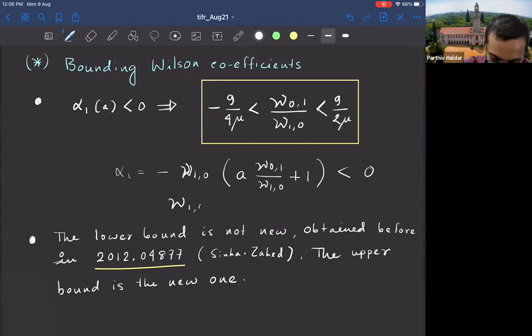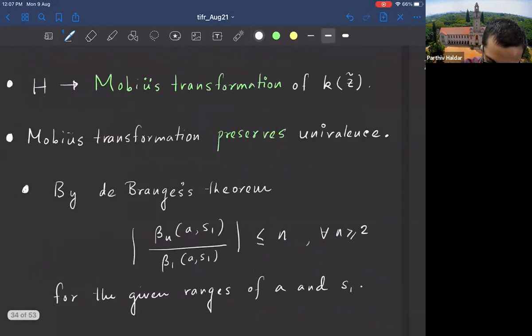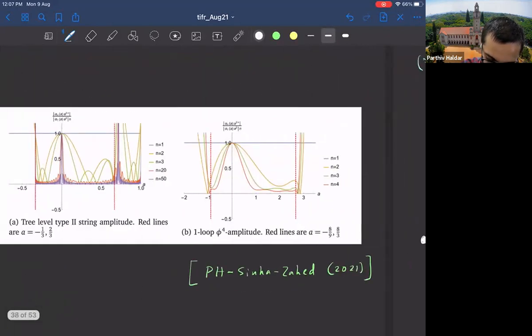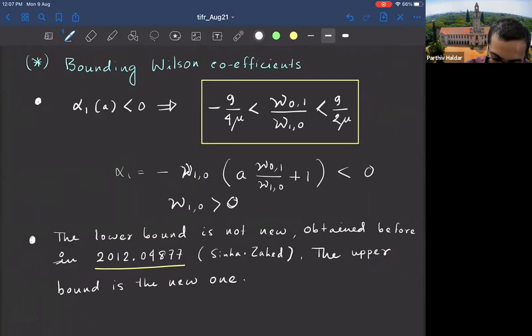And it has been proved a priori that this is positive. So then you get the bound on this ratio in terms of A, but you know that A already has a range, and that's how you get these two sides.